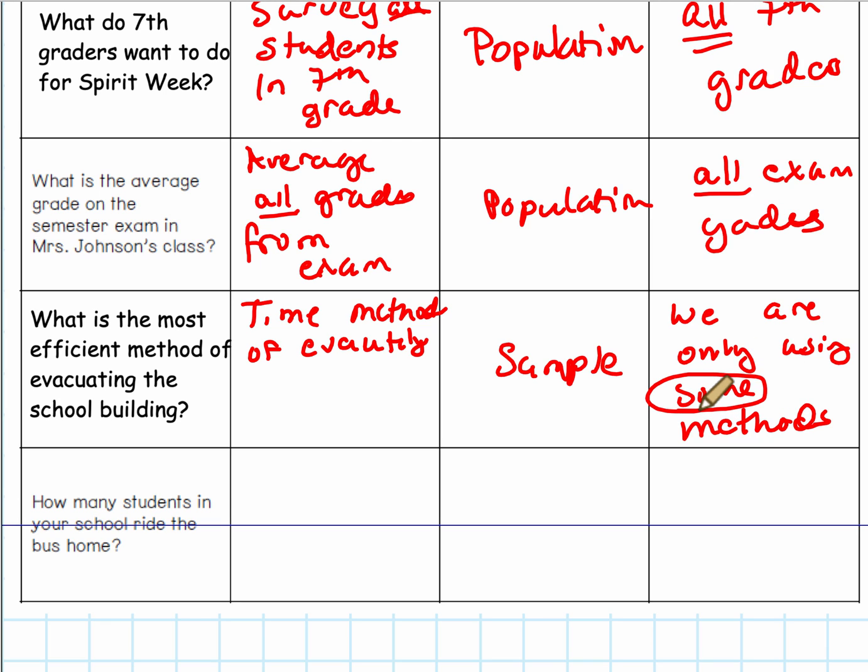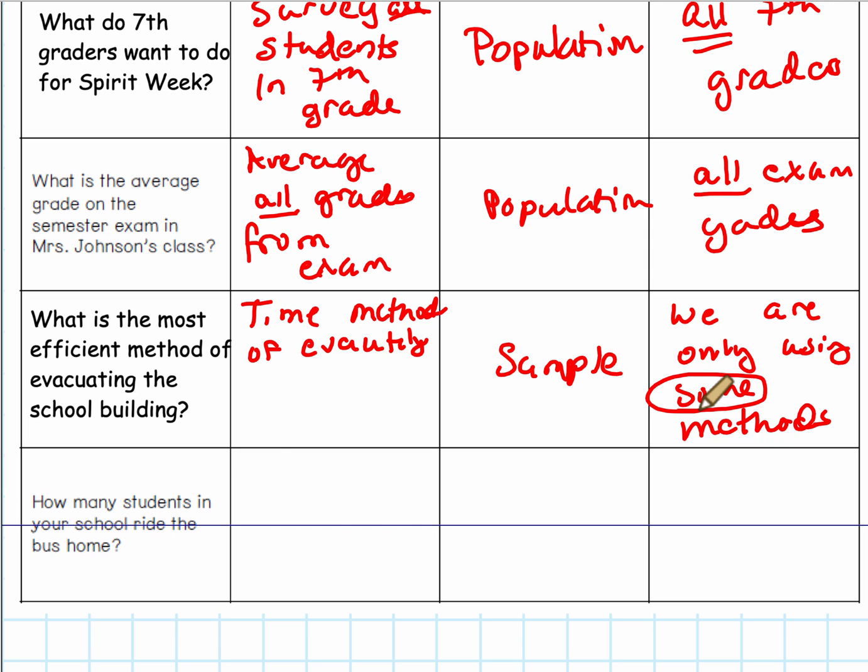Not all. Okay, how many students in your school ride the bus home? Okay, again, this would depend on the size of your school. So let's pretend we go to a very, very large school where there's like over 2,000 students in the school. And you want to know how many students ride the bus home.